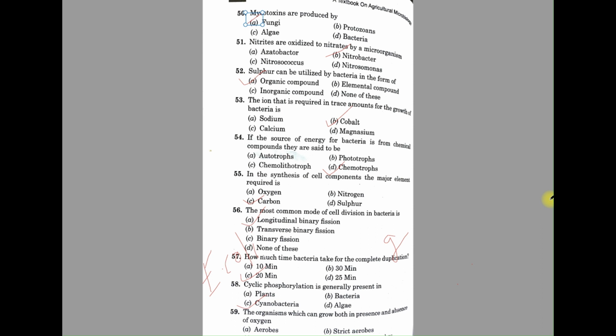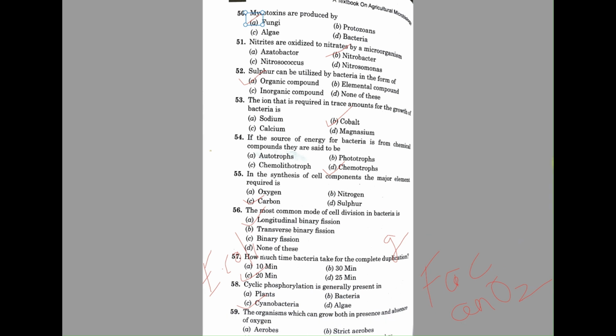Now all the options here are incorrect. It is asking about growth both in the presence and absence of oxygen, so these organisms are called facultative anaerobes. The option should be facultative anaerobes.